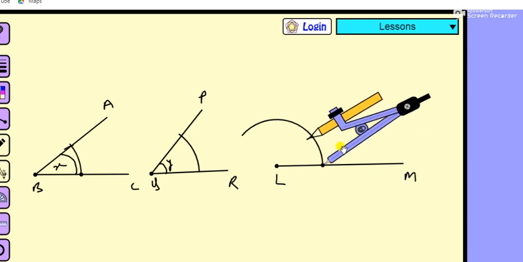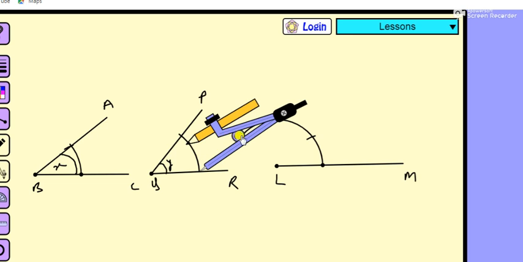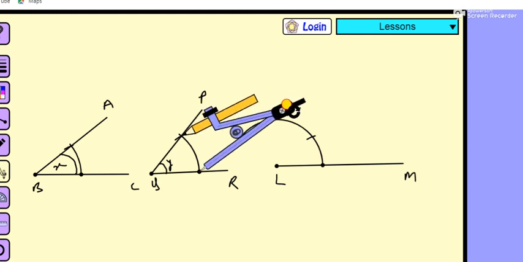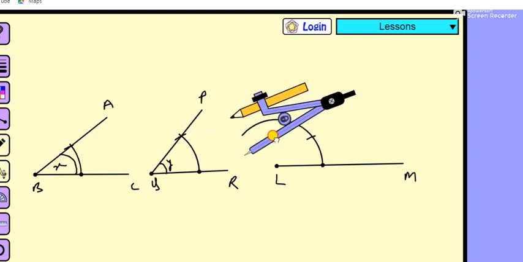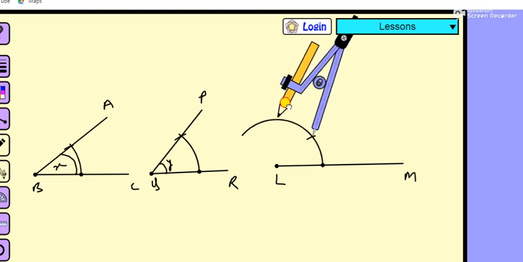And now what will happen? Now take the compass at this point and increase the distance of the compass. Now make an arc also, and this arc is made from this point. Yes, this point. So you can make a second arc like this.